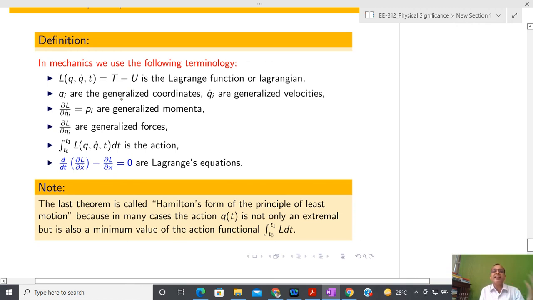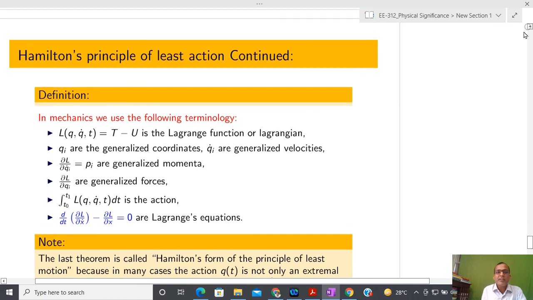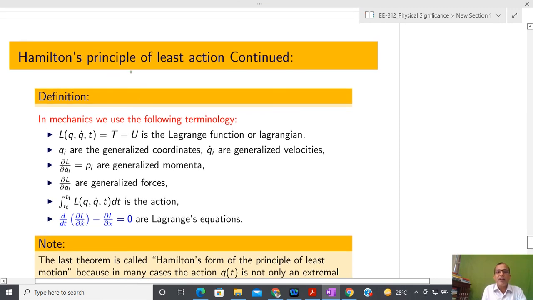Total energy is kinetic energy plus potential energy, but what Euler and Lagrange formulated is that the system tries to minimize the gap of kinetic energy minus potential energy. Due to that reason they gave it the name action, and this principle became the Hamiltonian principle of least action. Actually, this was highlighted by Hamilton.